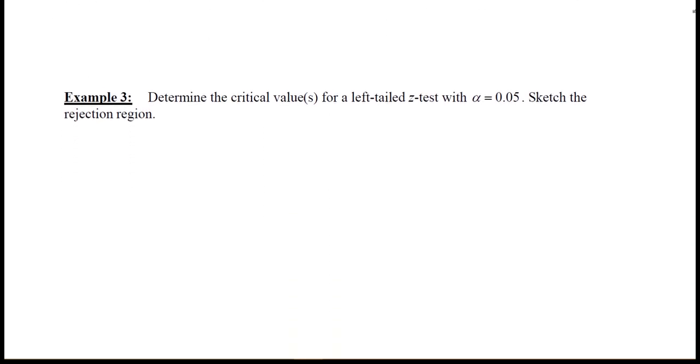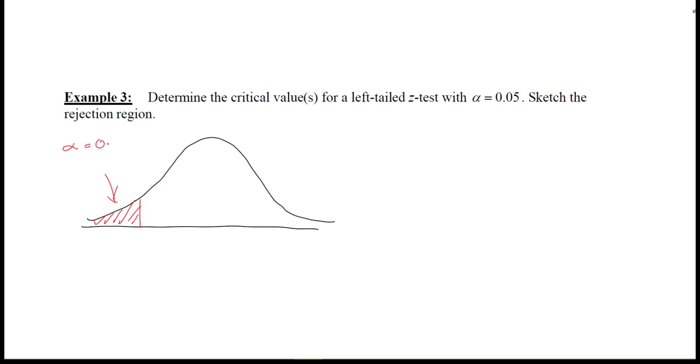Critical value for a left-tailed z-test with an alpha of 0.05. So once again, it's just one-tailed, so I put the whole alpha into this side. And then I'm going to label this where the color changes. This is z.05, except this one is going to be negative because we're on the left side, right?